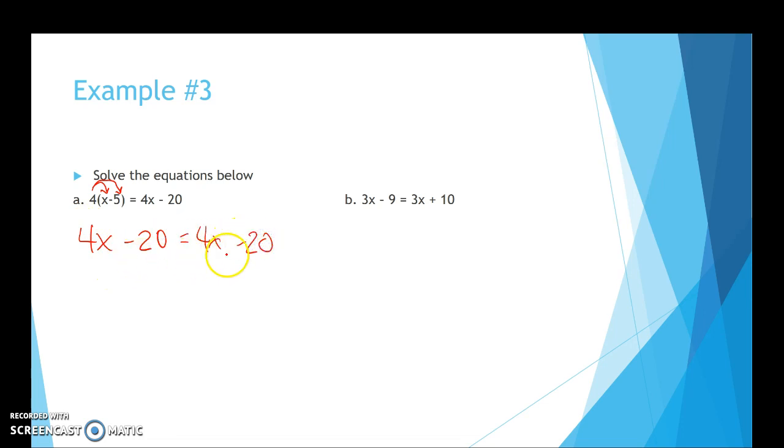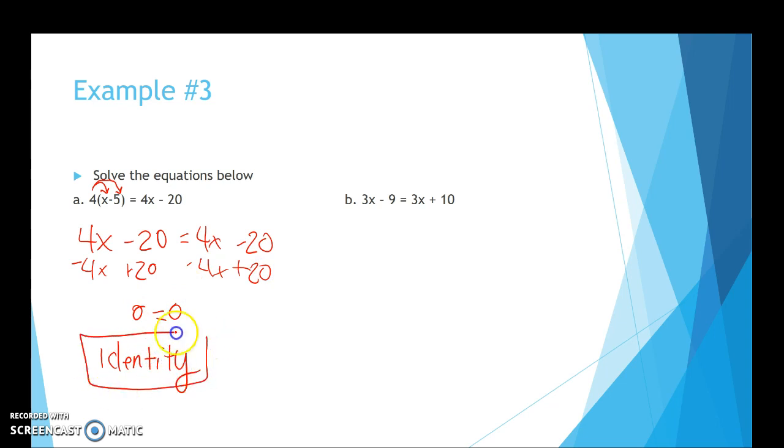Notice they equal the same on the left and the right side. So technically, if you solved this, if you subtracted 4x from both sides and added 20 to both sides, it would give you 0 equals 0, which we call an identity.